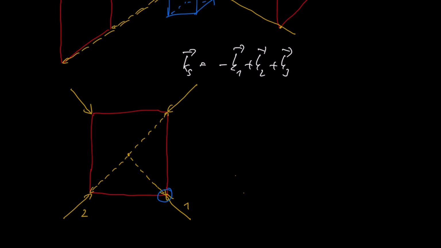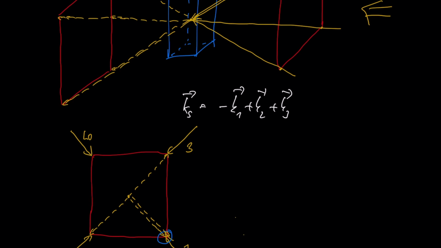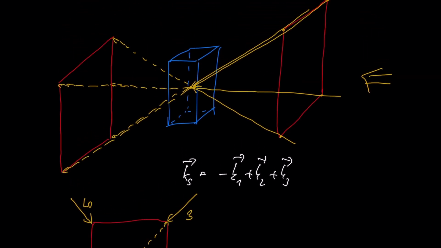So this is the direction of the outcoming signal, Ks, and with this we also have to write the 3 here, and we want to send in the same direction the local oscillator. So this is the local oscillator. So this is how we do it geometrically. If we go back, we can start writing which pulse is which.